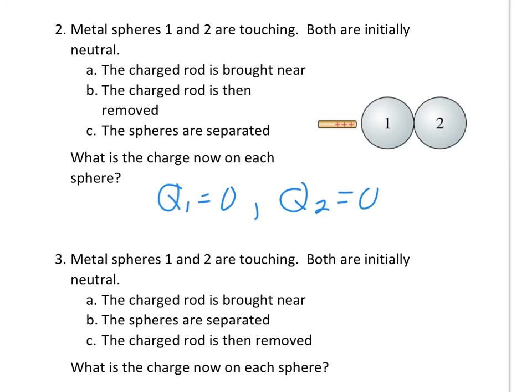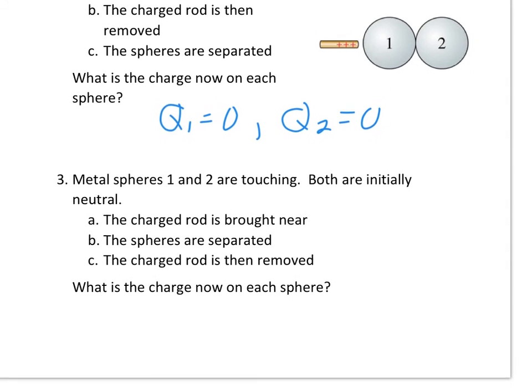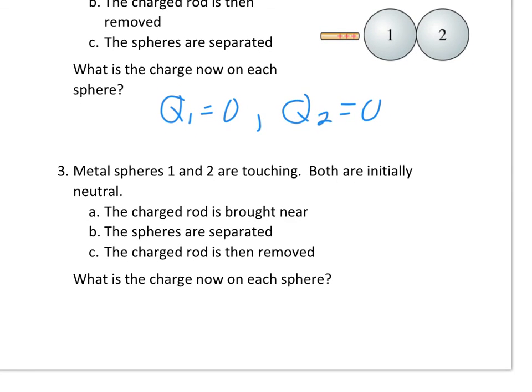Let's now look at the next scenario. Again, we're looking at the same picture. So both spheres are still initially neutral. We have the charged rod being brought near. The spheres are then separated before the rod is removed. So charged rod brought near is going to make this whole side negative. Again, positive, negative, positive. The spheres are going to be separated while the rod is still here.